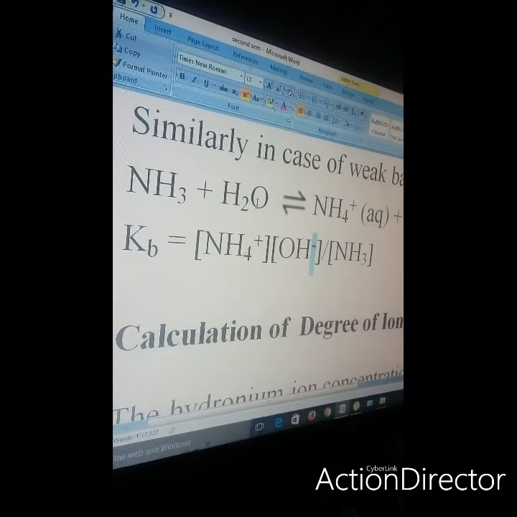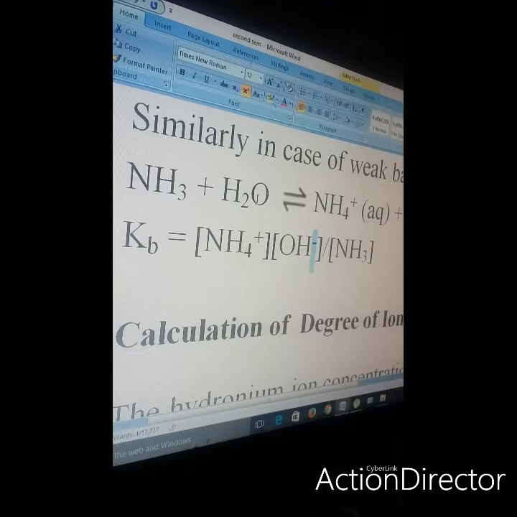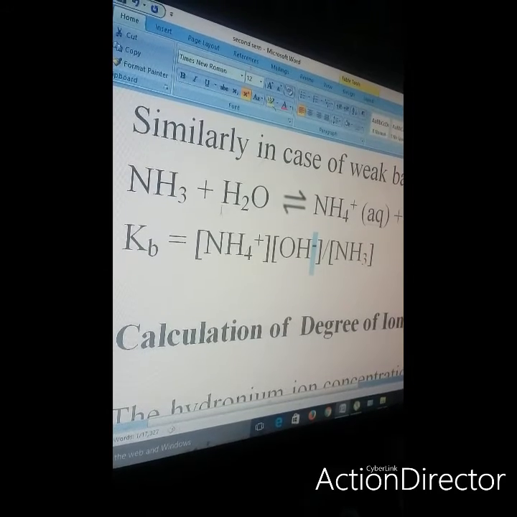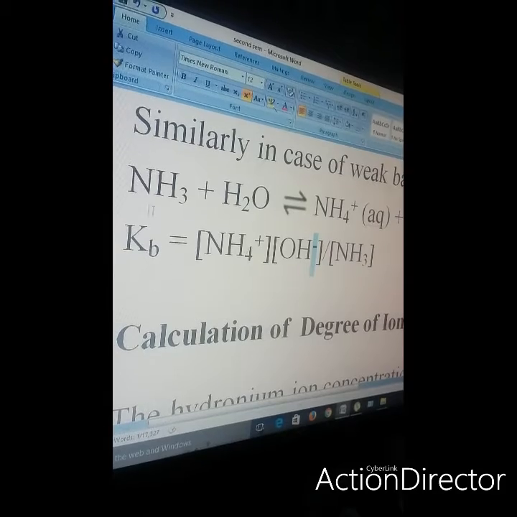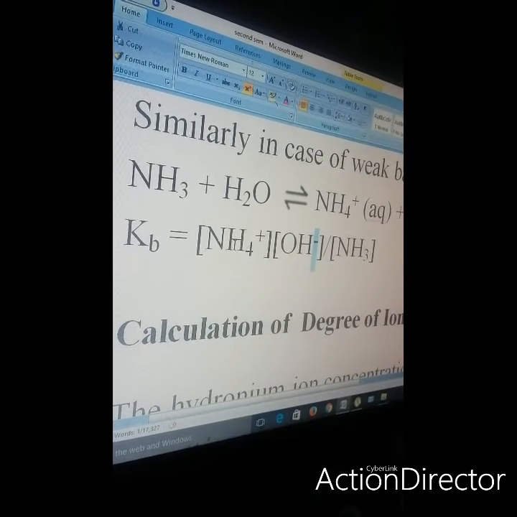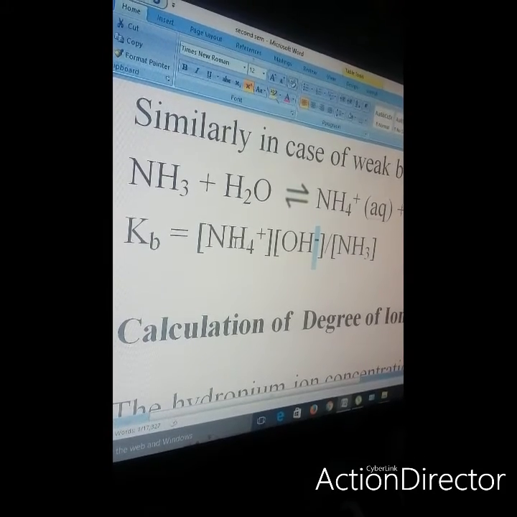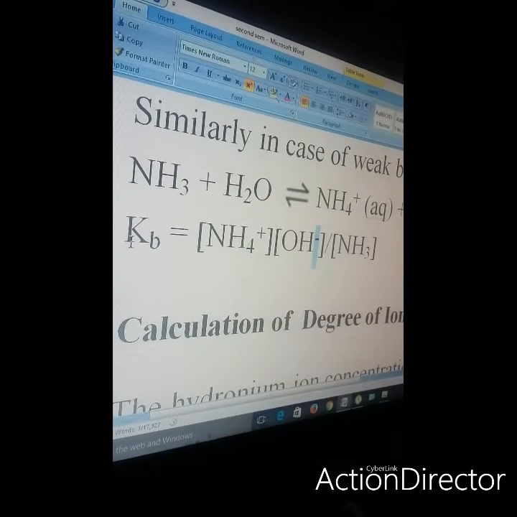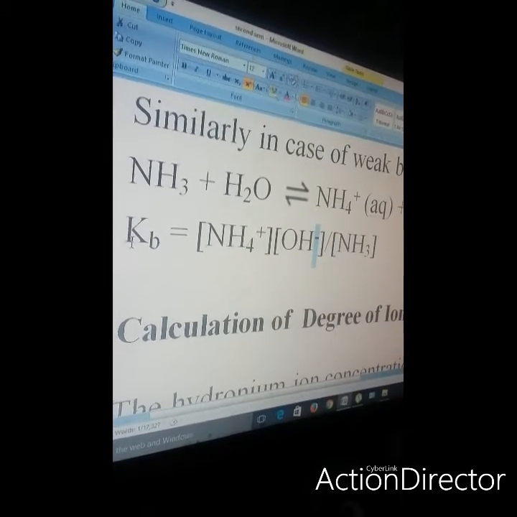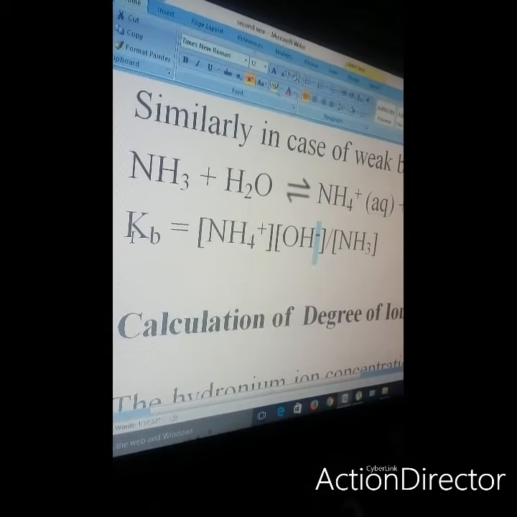Similarly, as we did previously, I will be taking the water concentration with K. So K and water concentration will become Kb. So Kb will be equal to the concentration of ammonium ions times the concentration of hydroxide ions upon the concentration of ammonia. So this is the dissociation constant or ionization constant of a base.